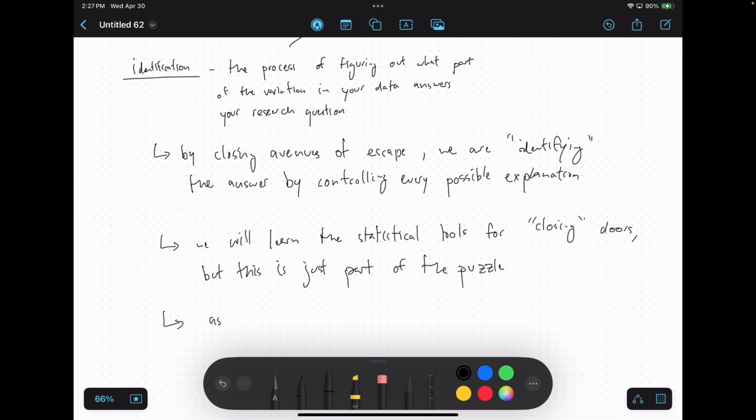So assumptions are inherently necessary for the data generating process, the DGP. And that's because we have to have some idea of how the world works and how the data is generated, right?